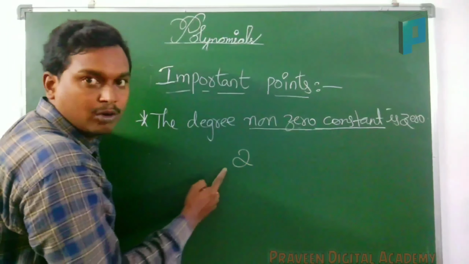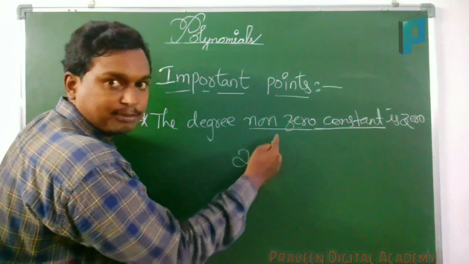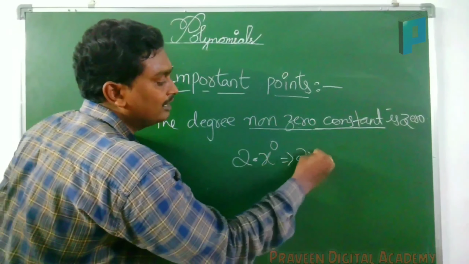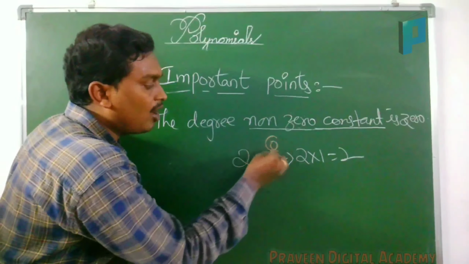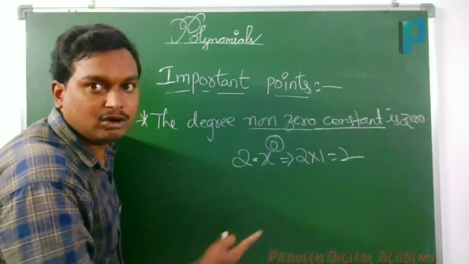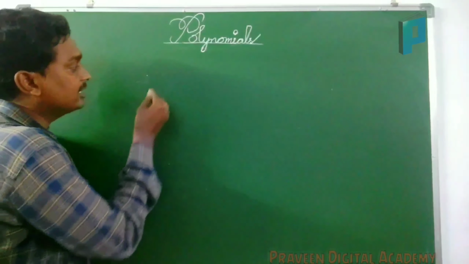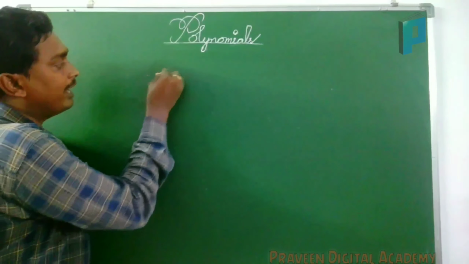If you have 2, what is the degree of this 2? Can I write this 2 as 2 into x power 0? Something power 0 is always 1. What do you get here? 2. What is the degree of a non-zero constant? It is 0.